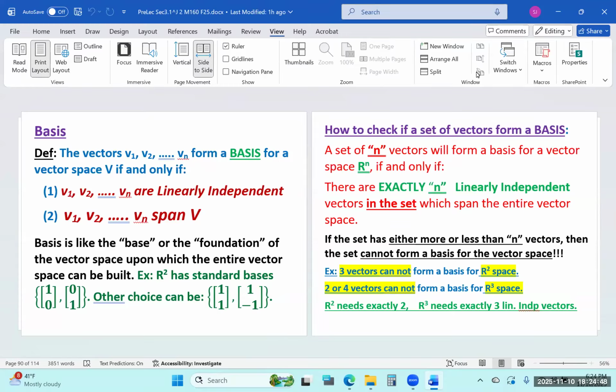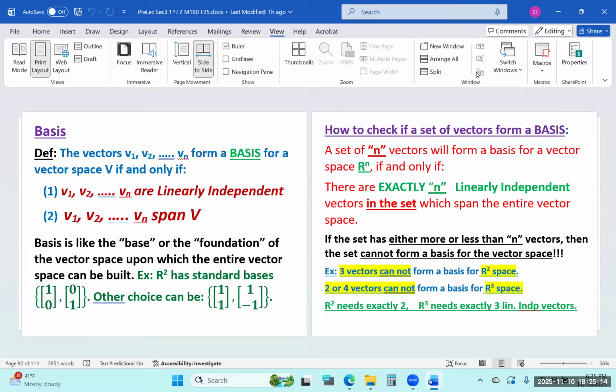So span and basis are kind of opposite. Span can have more vectors than necessary, but basis cannot have more or fewer vectors. It has to have exactly n vectors in your Rn space. So we need exactly 2 linearly independent vectors in your set to form a basis for R2.